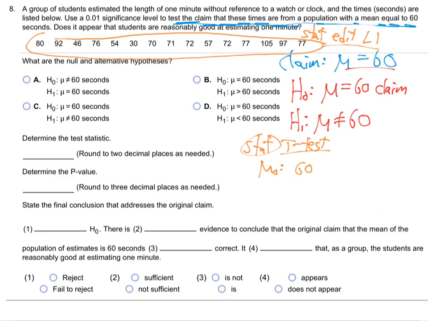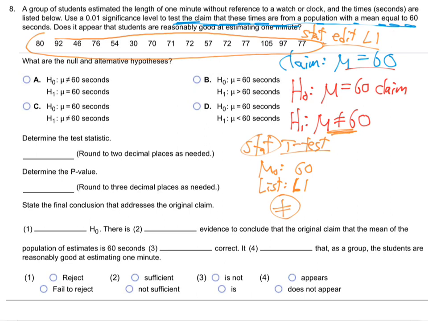What do they have us do? Mu0 is 60. The list is L1. And we choose the not equals. Did you remember to do the not equals? Got to choose the not equals. And then calculate.